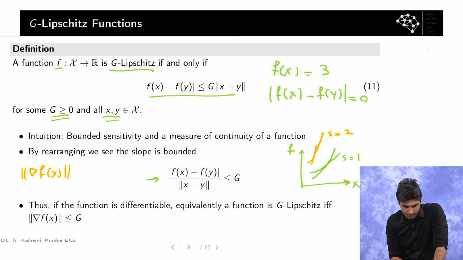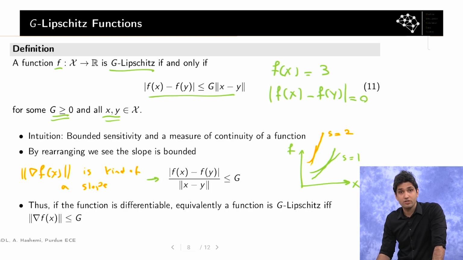Therefore, if a function is G-Lipschitz, we are saying that the slope is bounded, or the gradient norm is bounded uniformly by this constant G. So you should be able to see that this is a definition that's going to be useful for us to leverage in our previous result and show that the accumulated suboptimality of the gradient descent algorithm grows gracefully with the total number of iterations.